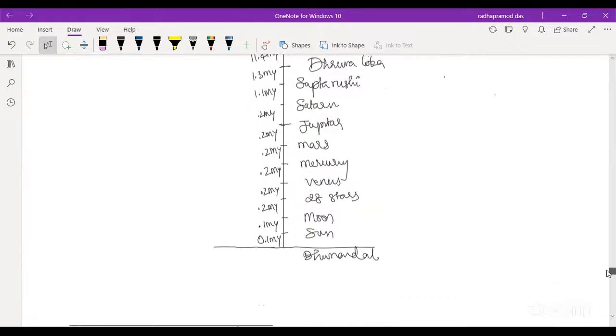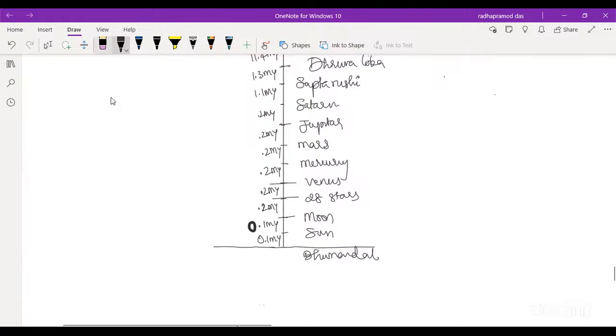So here we have the position of different planets. 0.1 million yojanas is the sun, that is like 1 lakh miles or so. Then the distance between sun and moon, and between them there are 28 stars, which are 0.2 million yojanas.